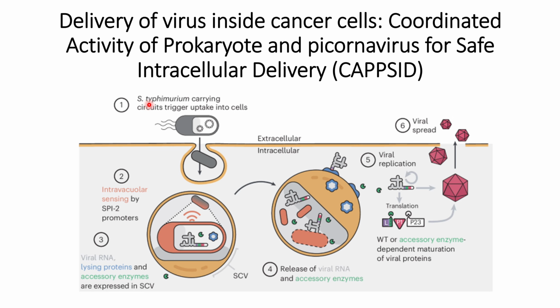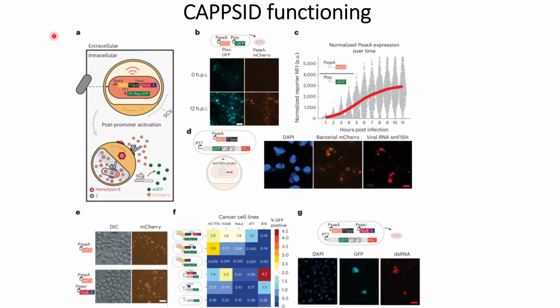S. Typhimurium or Salmonella bacteria, and when it is inside the cells, this sp2 will be able to detect these intracellular parts and then trigger the translation of the viral circuit that is present inside the cells within the SCV.